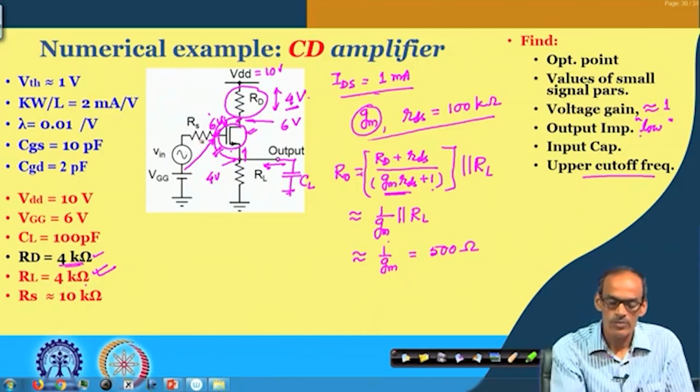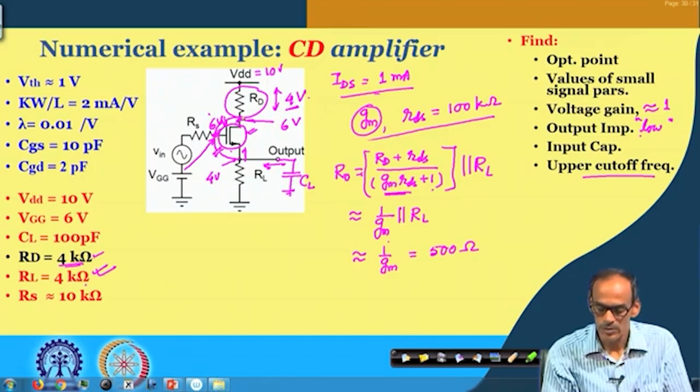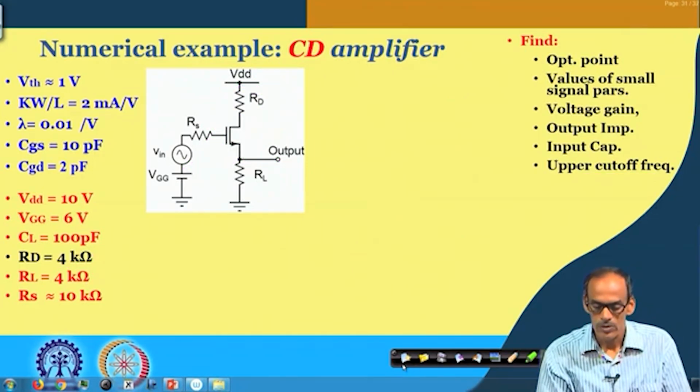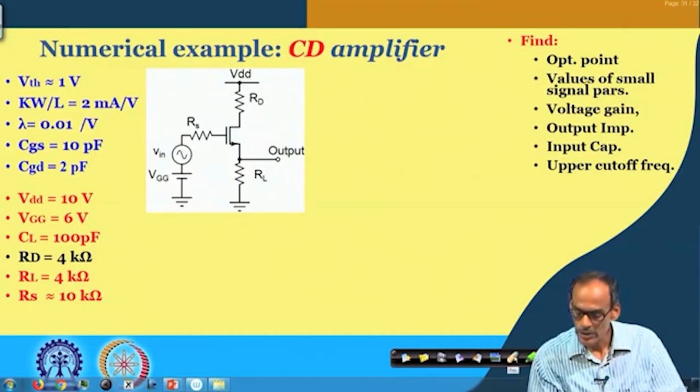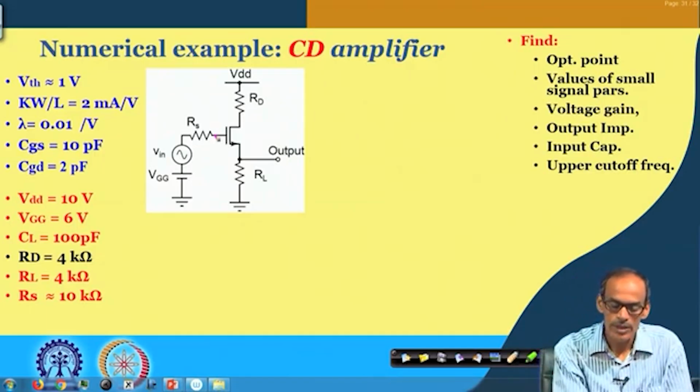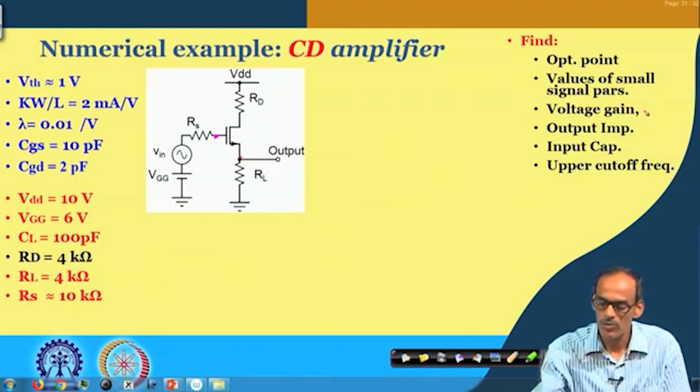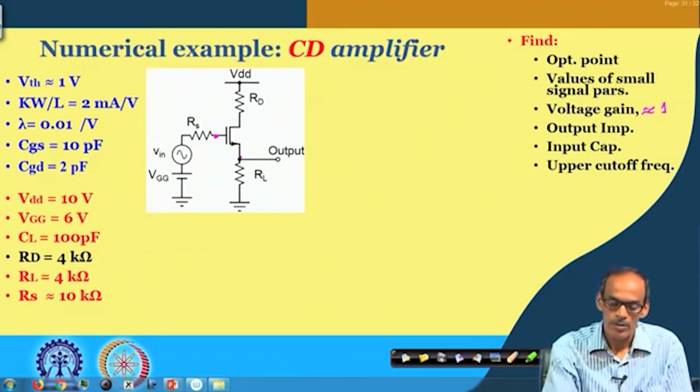So, what is the voltage gain coming from the gate to drain, that we need to see. The voltage gain from gate to source is approximately 1, that is what we said. But in addition to that, if you see the CGD and the voltage coming here, we call it Vd, small d.